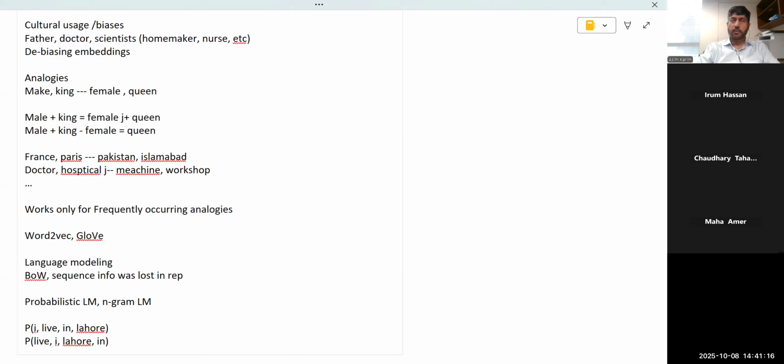Sequence one will be higher, because why? Because that is the correct way of writing English. The second one has mixed up the order in which those words are written, and this is not used in correct writing. So grammatically it's incorrect. Since it will not appear in your writings, its probability would be very low.